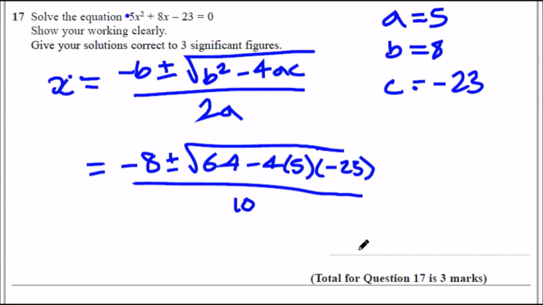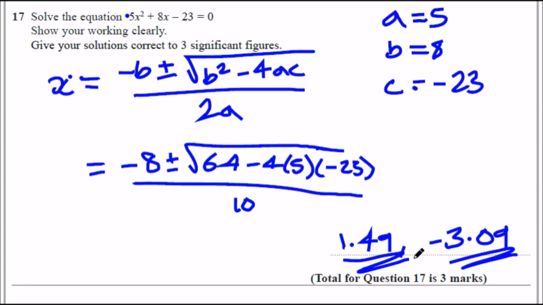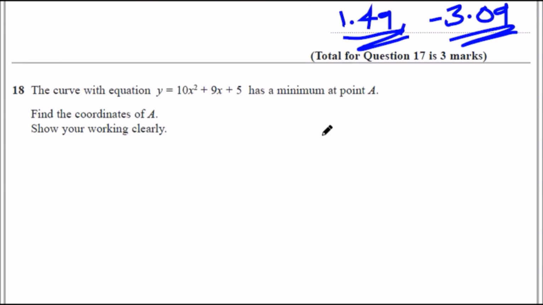The freestanding figures, I got 1.49, and then if I put a minus sign, my x value was minus 3.09. Cool. It should be something like that. It's easy, so I could mess this up potentially, but double check yourselves as well.